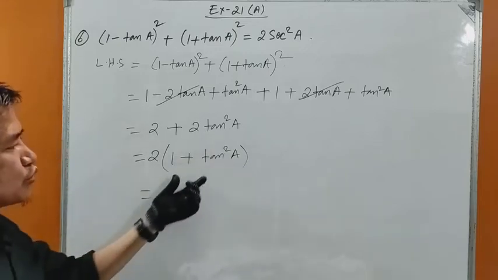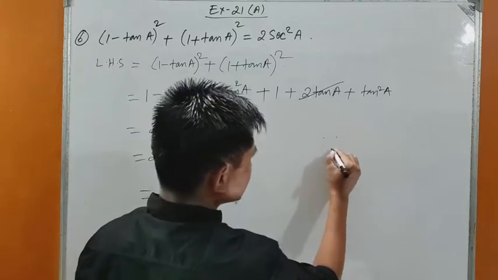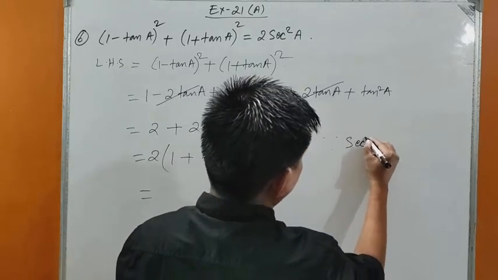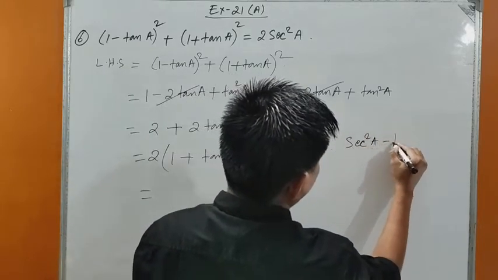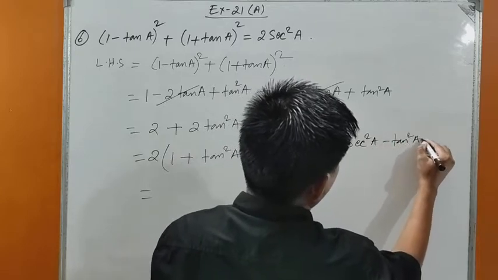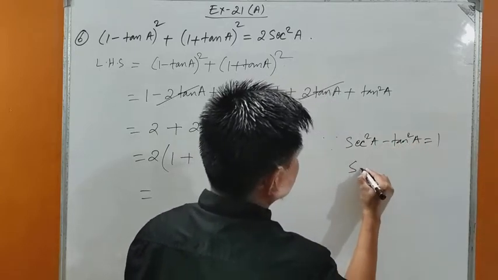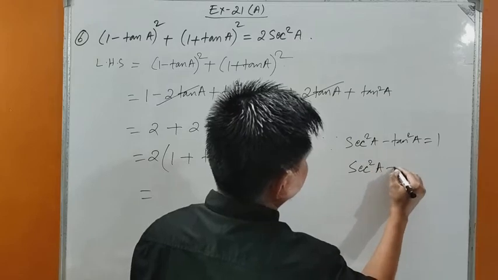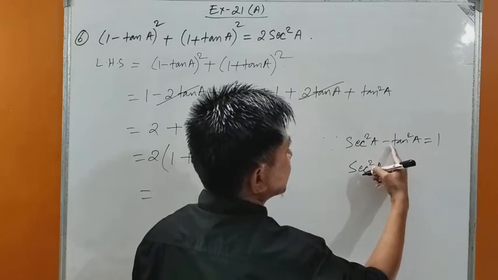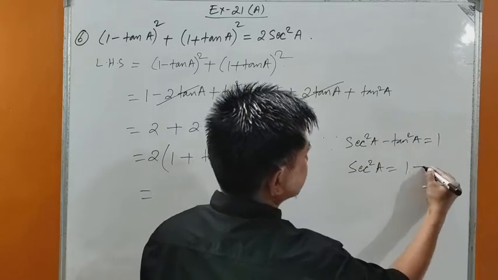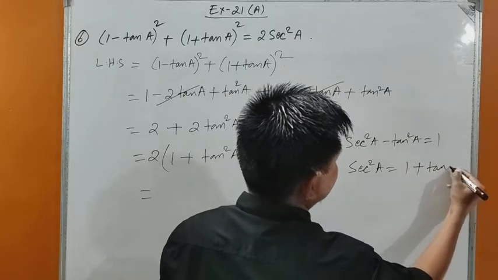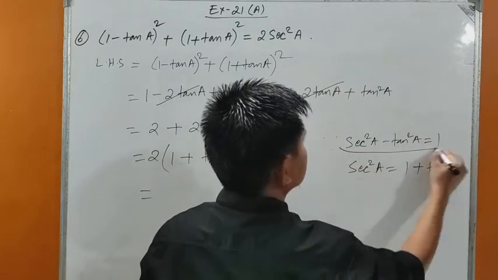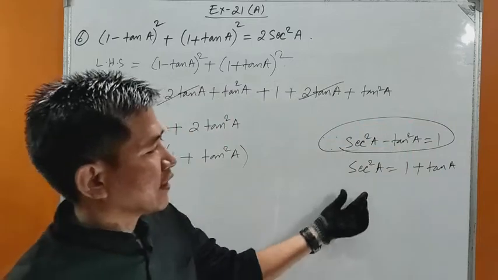So we know that sec square A minus tan square A equals 1. Let us take this minus tan square A to the right hand side, it becomes plus tan square A, isn't it? So this was the formula which I gave you in the last video.